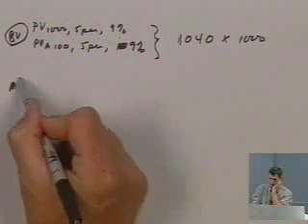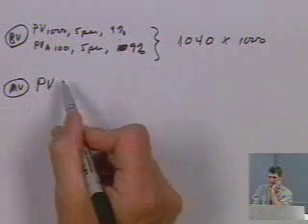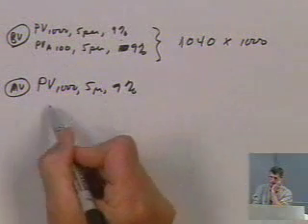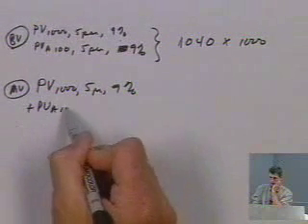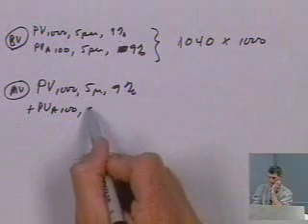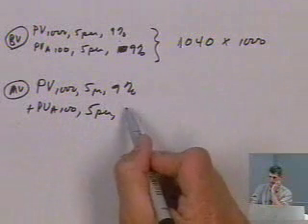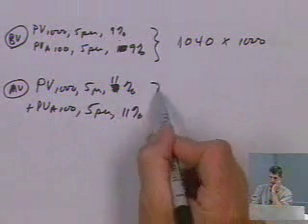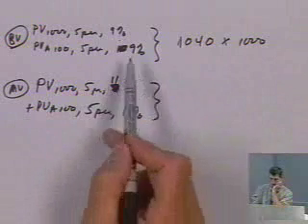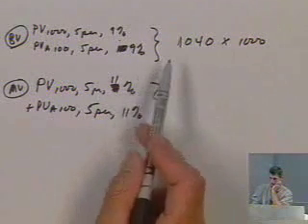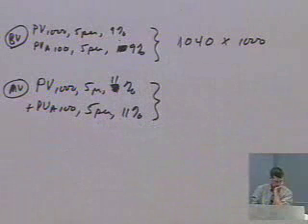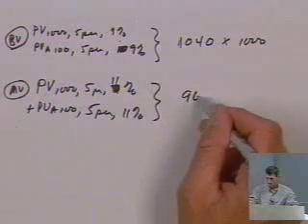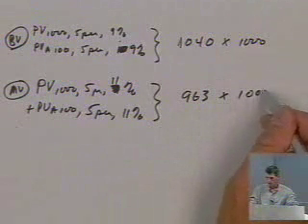This is the market value of the bond, which is the present value of the $1,000 for 5 periods at 9%, plus the present value of the annuity of the $100 coupon payment for 5 periods at 11%. The current market rate is 11%. When the interest rate goes up, the price of the bond goes down. And that's roughly 963, again, times the 1,000 bonds.